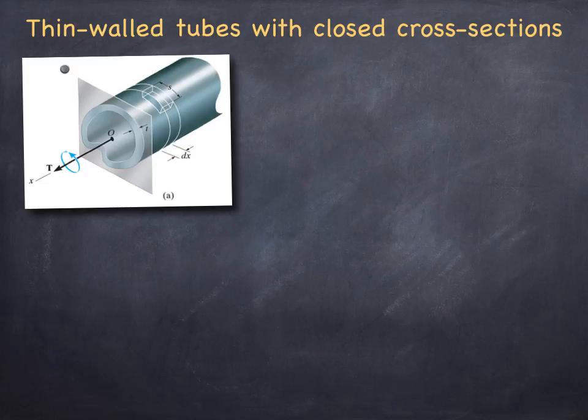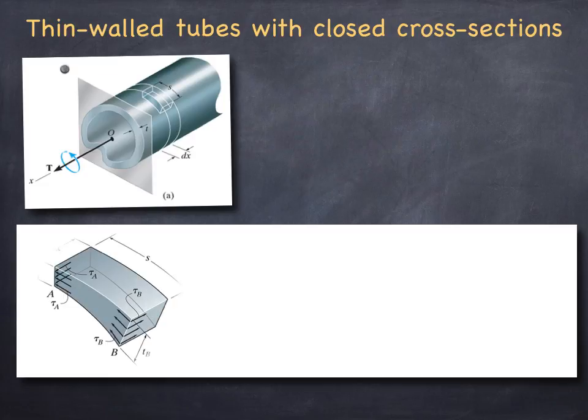Let's assume that we take a slice out of this shaft and just put a picture of that slice up close so that we can see it. The thickness of this little segment of length s around the circumferential direction is t_A at point A and t_B at point B, and it has a length along the axial direction of dx, so it's infinitesimally long along the x direction.